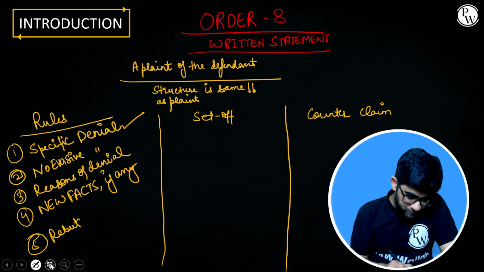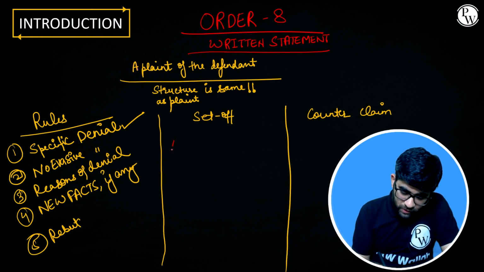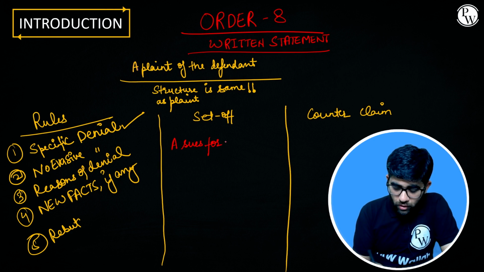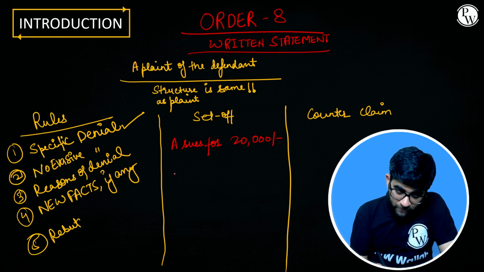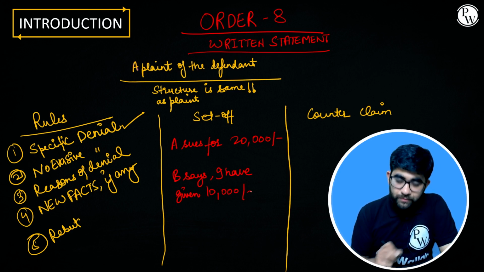For example, A sues for 20,000. B says I have given 10,000.